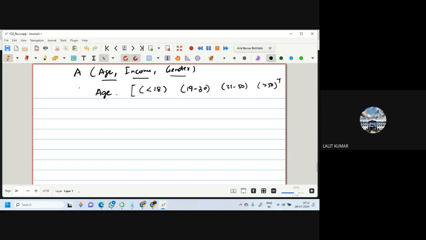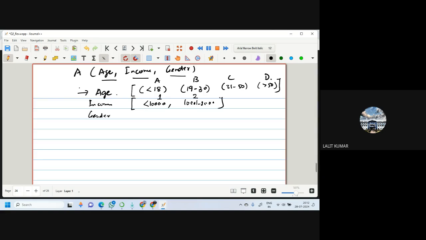This is the partition for age. For income, let's call the partitions A, B, C, D. For income, I have got less than 10,000, and 10,000 to 20,000. For example, only two partitions. I call these partitions 1 and 2.